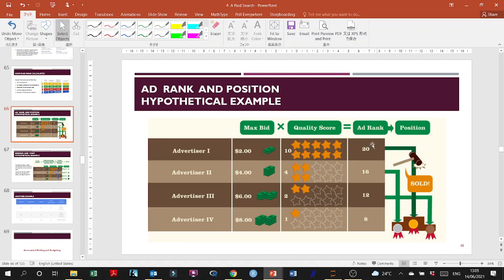So they have the highest score. Then here is 4 times 4 is 16. Then 2 times 6 is 12. Then 1 times 8 is 8. So this is almost how it works. The quality score goes first, and there's a certain formula, a certain recipe, a certain way that they multiply the quality score, including the extension impact, with the maximum bid.